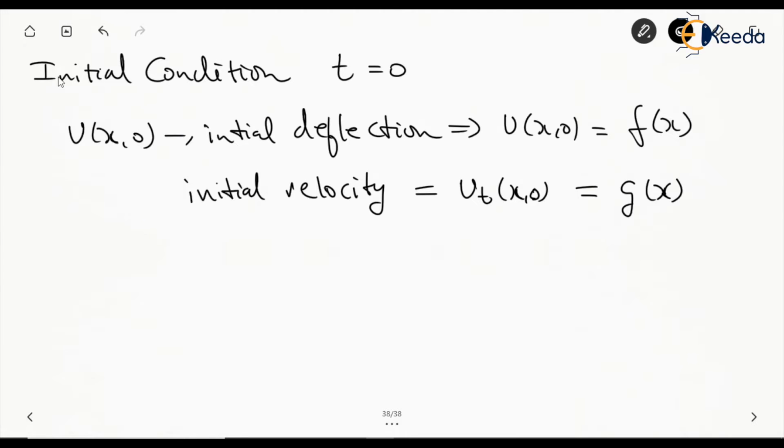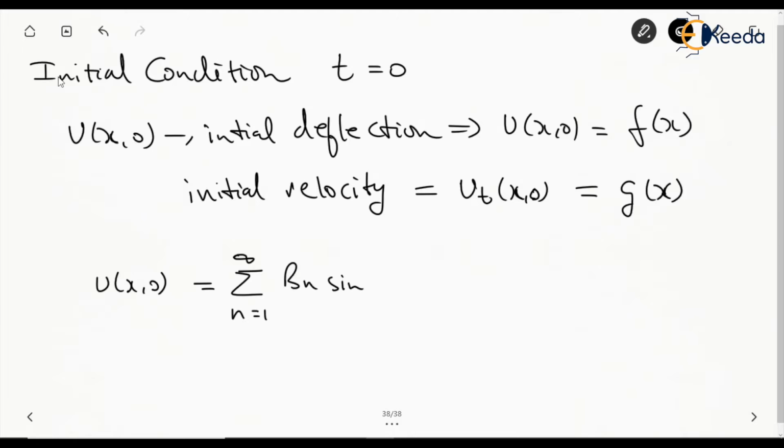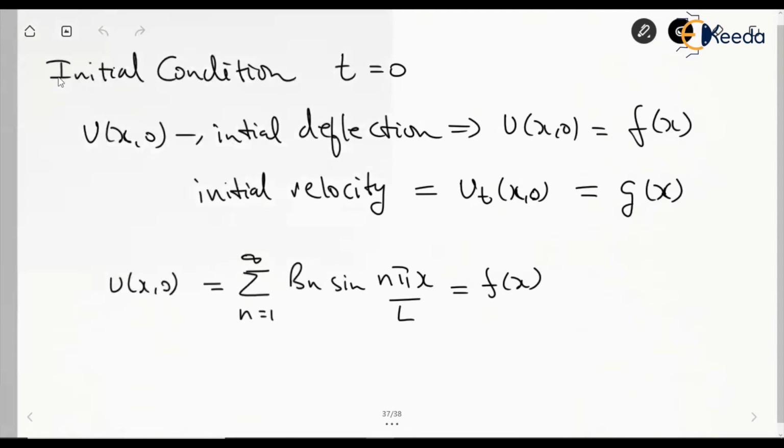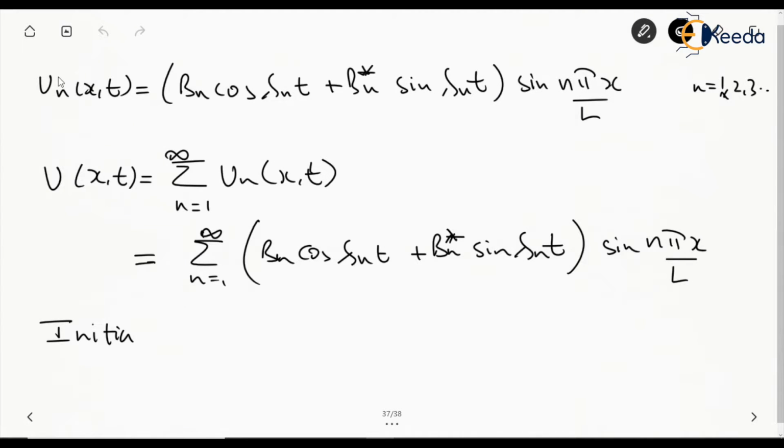So in that case, this u(x,0) will be the sum of n equal to 1 up to infinity b_n sin(n pi x by L), which is equal to f of x. Why? Just check this. We have written this equation u(x,t). So if t is equal to 0, we are going to get this element to be 1, this is going to be 0, so we'll be left with b_n and sin(n pi x by L).